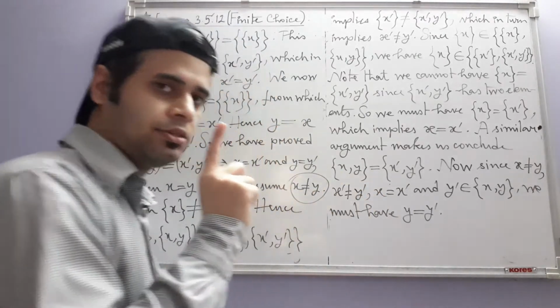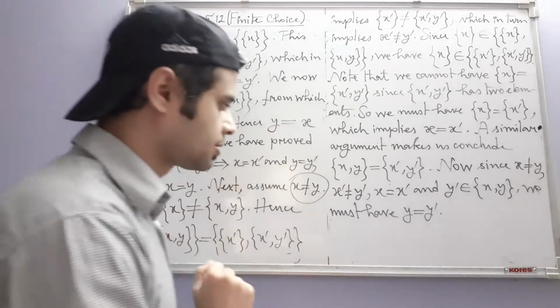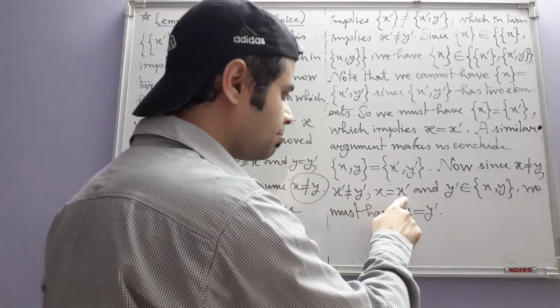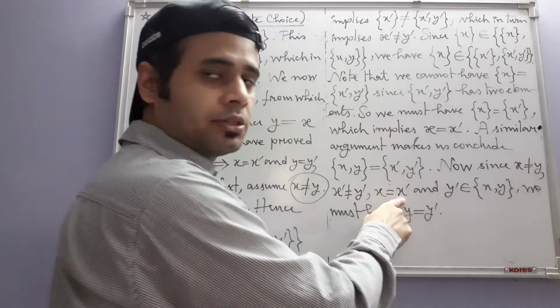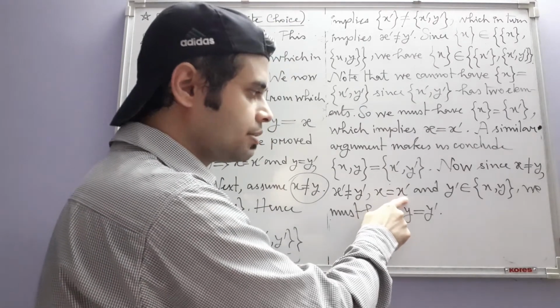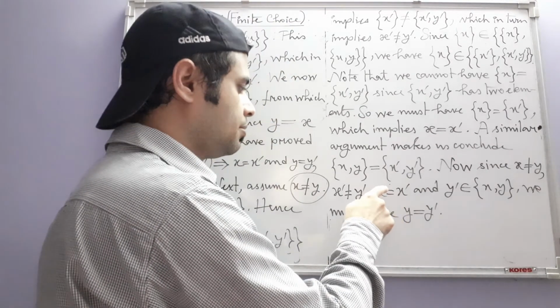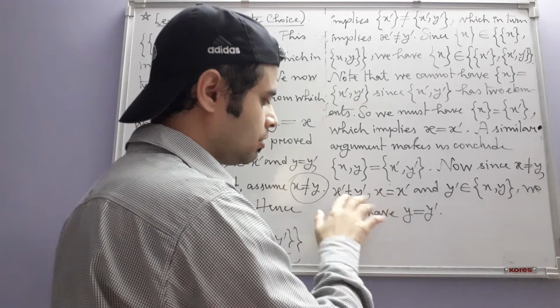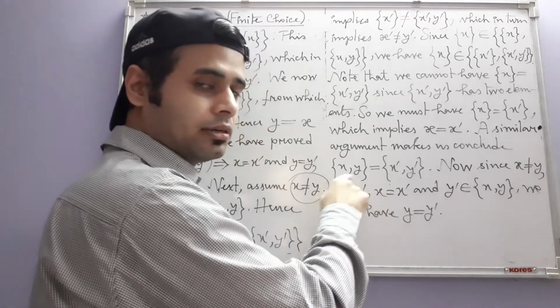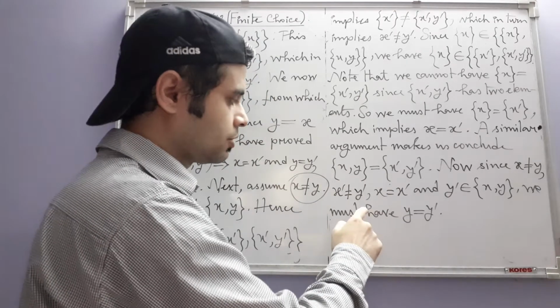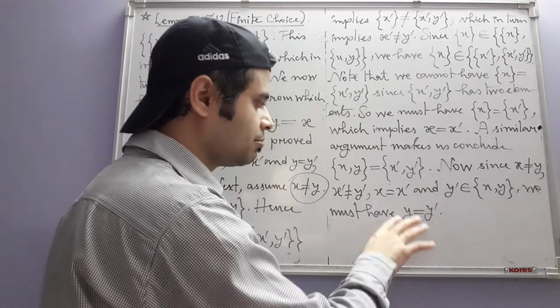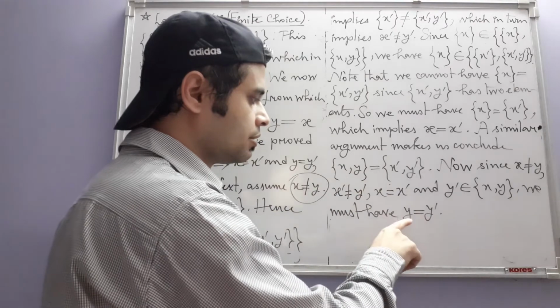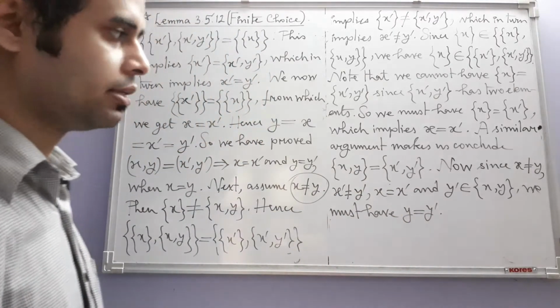If we assume that y prime is equal to x, then y prime will be equal to x prime also, because x is equal to x prime. But then this is contradicted. Okay, so that's why y prime cannot be equal to x, y prime has to be equal to y.